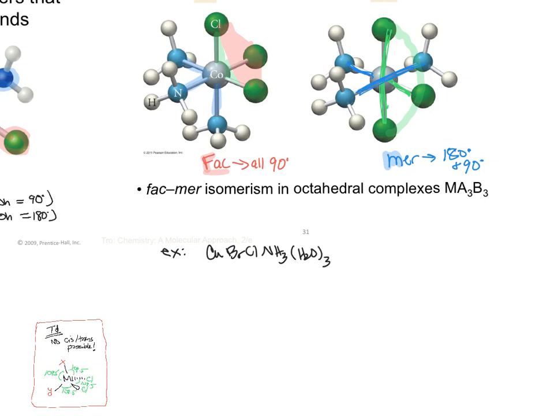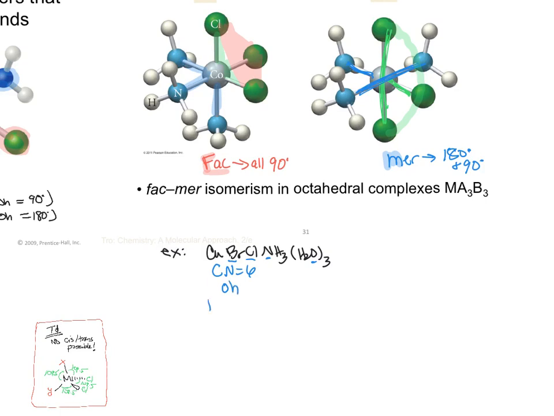And there's no charge on this, which means my copper must be 2+, since I have a -1 bromo ligand, a -1 chloro ligand, neutral amines, and neutral waters. I see that my coordination number is 6, because I have 6 donor atoms: bromo, chloro, the N from the amine is the donor atom, and O from aqua, 3 of them, is the donor atom. So I have an octahedral structure.